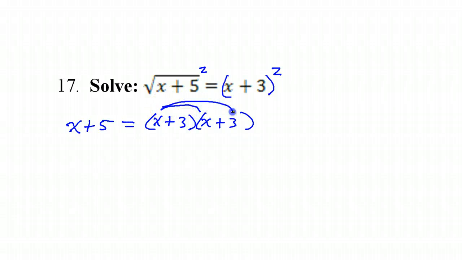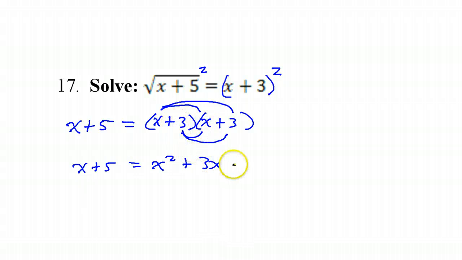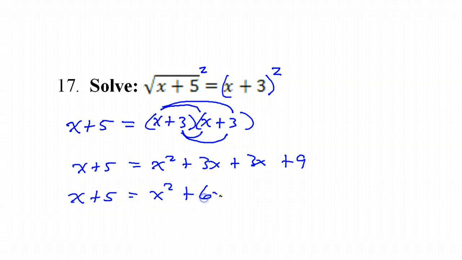So we're multiplying it all out. So on the left, we still have x plus 5, but x times x, that's x squared. X times 3, that's 3x. Repeat. Alright, 3 times x is 3x. 3 times 3 is 9. So that's x plus 5 is equal to x squared plus 6x plus 9.